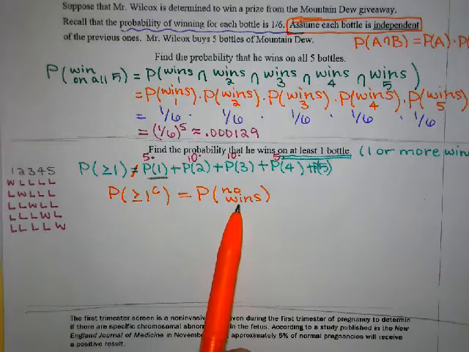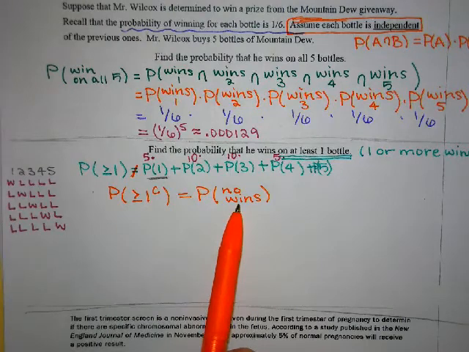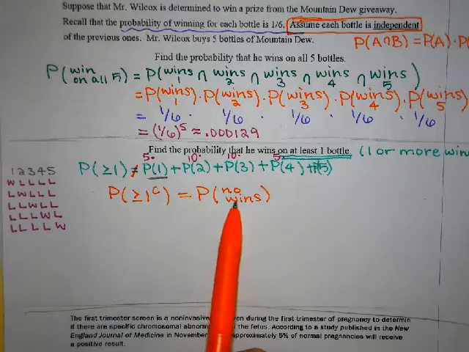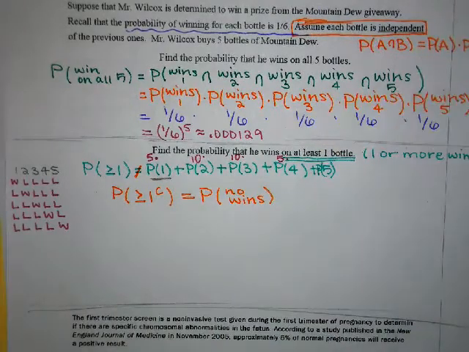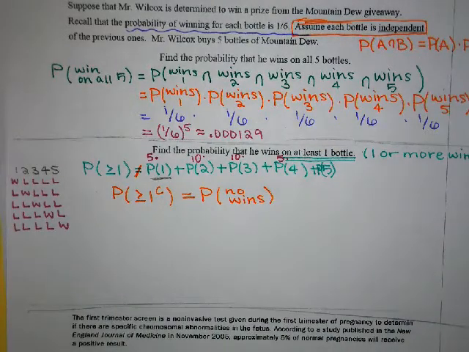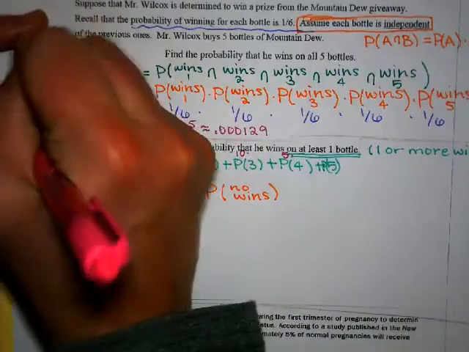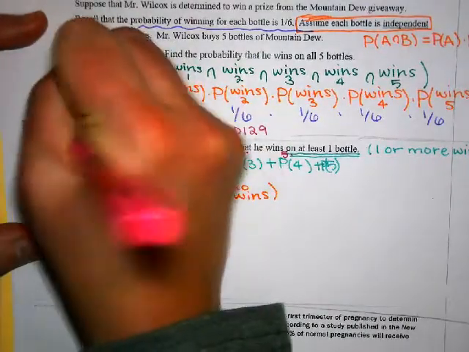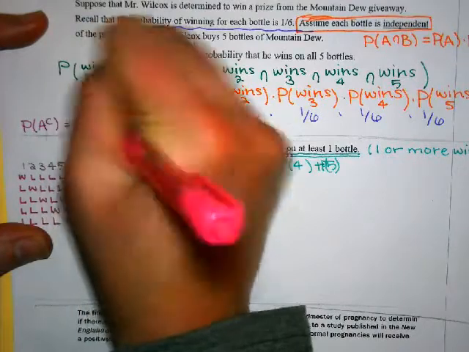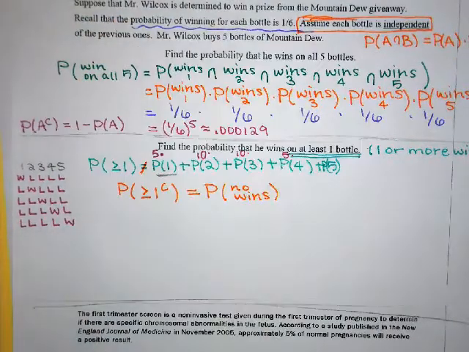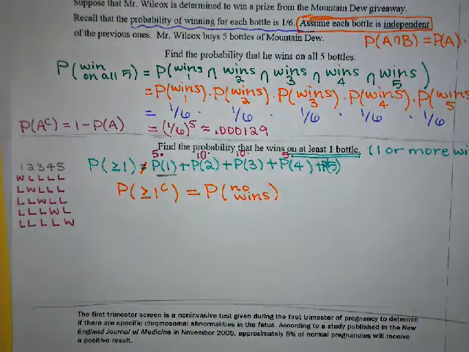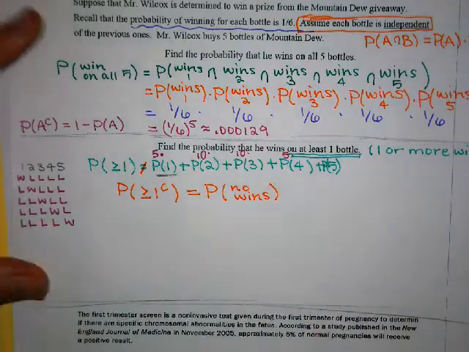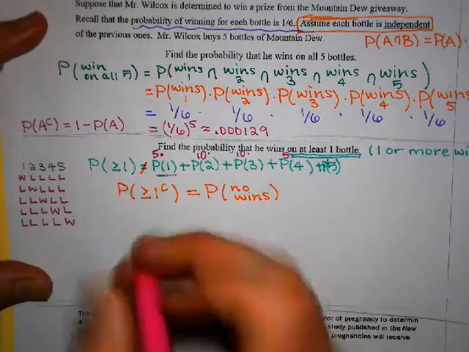Everybody agree with that statement? Okay. So we can use our complement rule when it comes to being asked to find the probability of at least one. So the complement rule, remember, tells us that the probability of a complement is equal to 1 minus the probability of A. We're going to manipulate it a little bit because we want to find the probability of at least one.